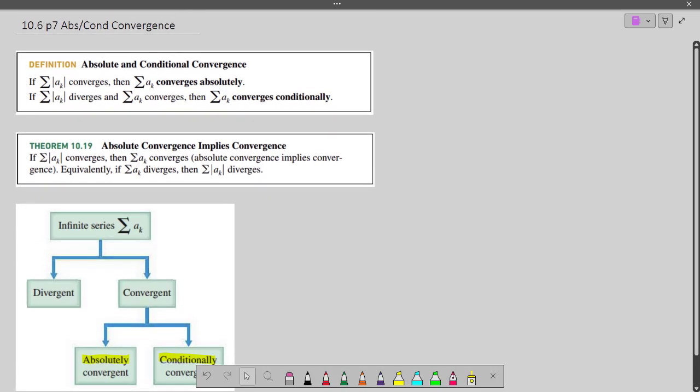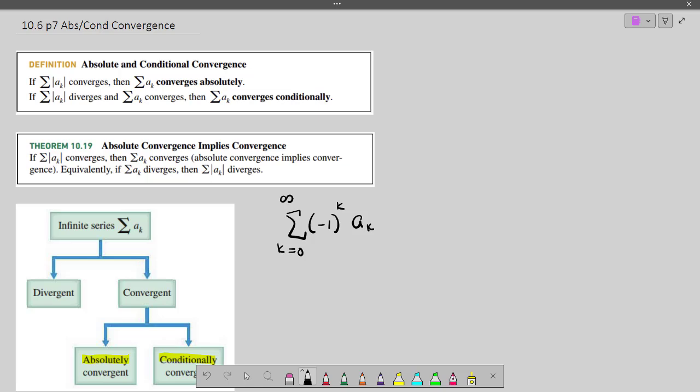So here's what we do. Remember that the structure of an alternating series is that you've got your switch and your a sub k. The a sub k is always positive in general when you're talking about an alternating series.